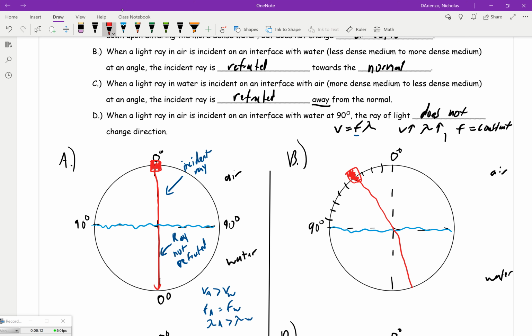Which is our line that's perpendicular to the interface of our two mediums. So this light ray gets refracted towards the normal line. This here is what we'll call theta 1. And this angle here is theta 2. And these two are related to each other.